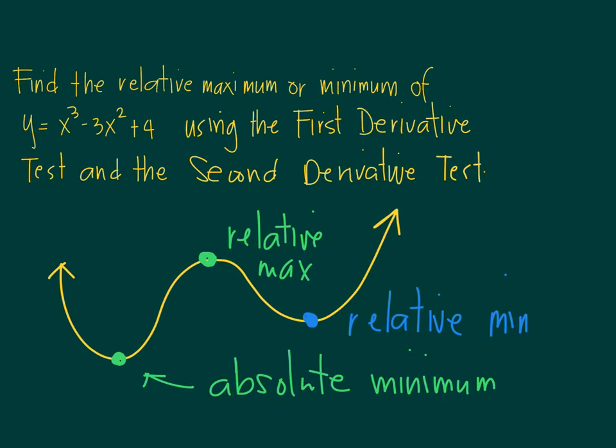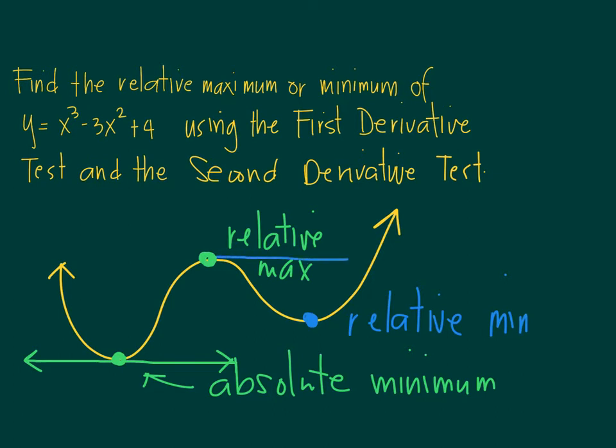Now, how will this be related to the derivative? In every maximum or minimum, the tangent line on those points will be a horizontal line.